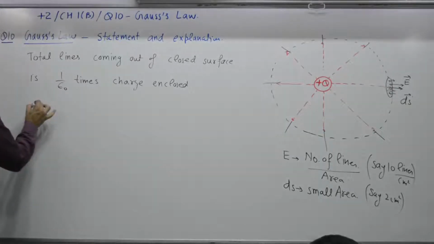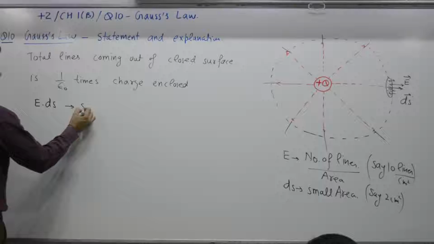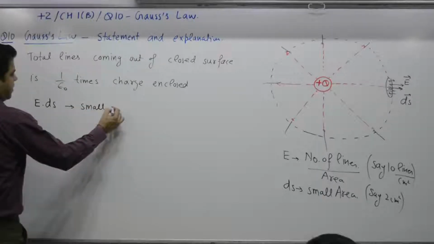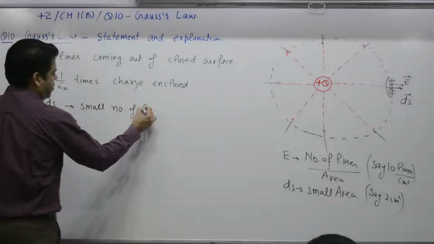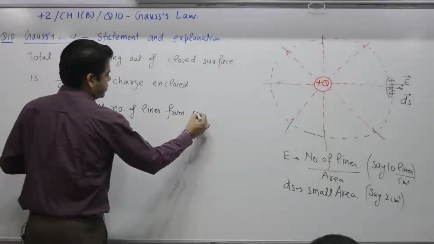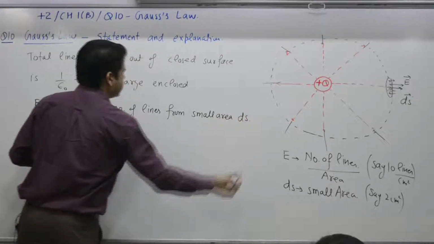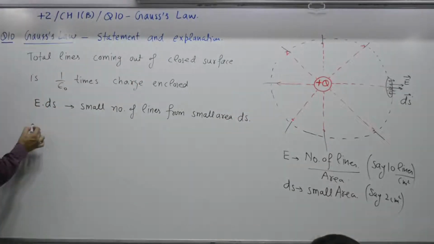So, E.ds represents what? The small number of lines from the small area ds. The integral of E.ds means what? Total. Now you are getting for the first time a symbol. Closed means what?